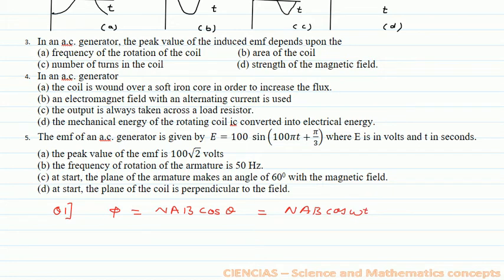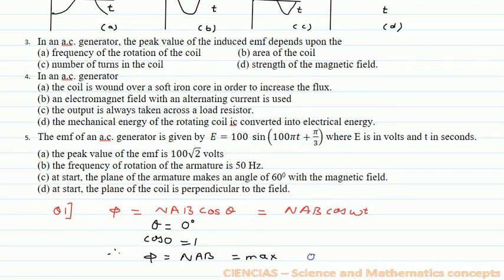Now when the plane of the coil is perpendicular to the field, then theta will be equal to 0 degrees. Then in that case cos 0 is 1, therefore flux is equal to NAB, which is maximum. So option A is correct.